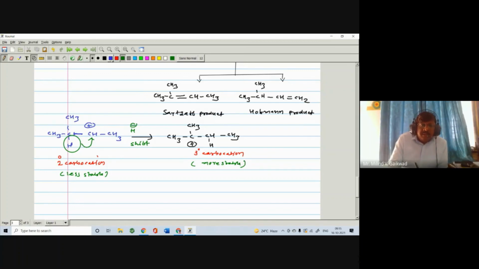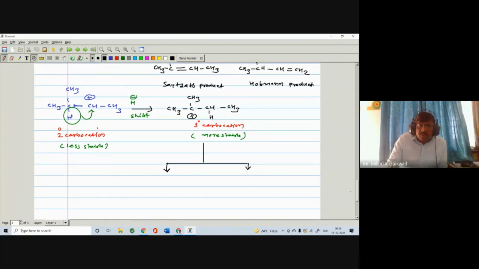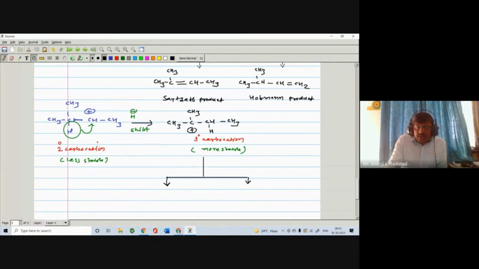Then further, this undergoes an elimination reaction, abstraction of a proton, so you get the corresponding product. Let us see what the products of this reaction are.